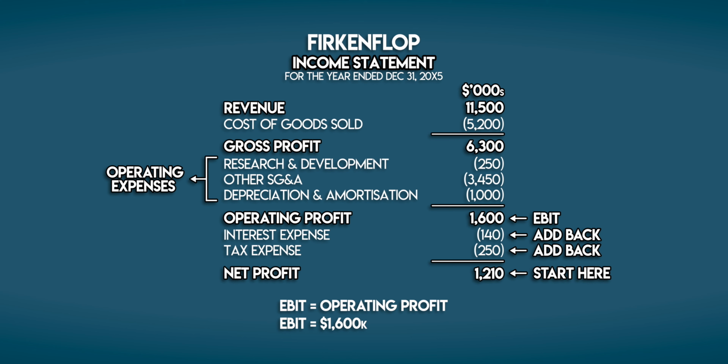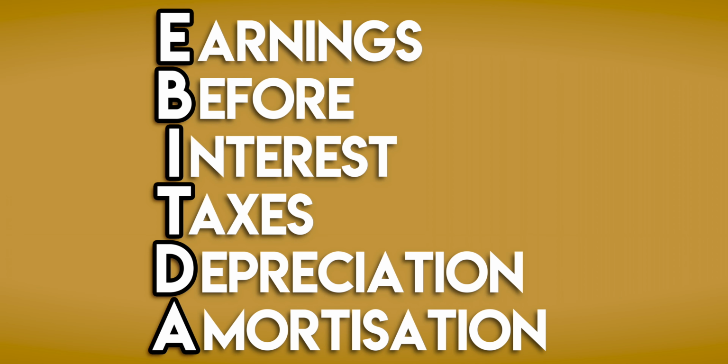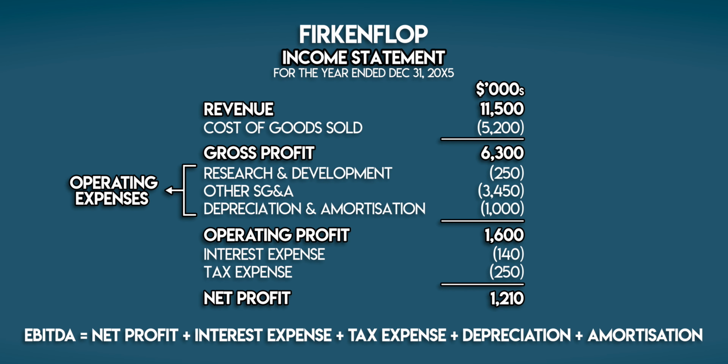Now that we've done and dusted EBIT, how can we calculate Ōl's EBITDA, their earnings before interest, taxes, depreciation, and amortisation? EBITDA is equal to net profit plus interest expenses plus tax expenses plus depreciation plus amortisation.